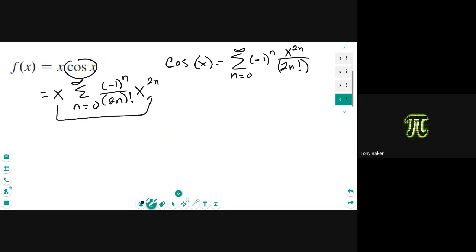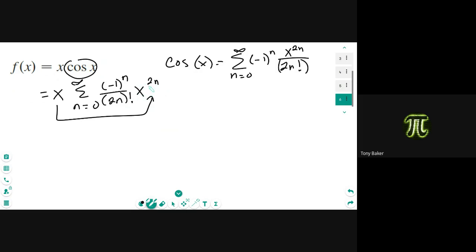Can I bring the x inside without changing the problem? Because I don't want to have multiple x's. So does the x have an n on it? No. So if I bring it inside, it's not going to change anything because it's not something that's being added multiple times. It'll be just multiplied by whatever was there. So I can bring that inside. If I'm bringing it inside, I have times x inside now.